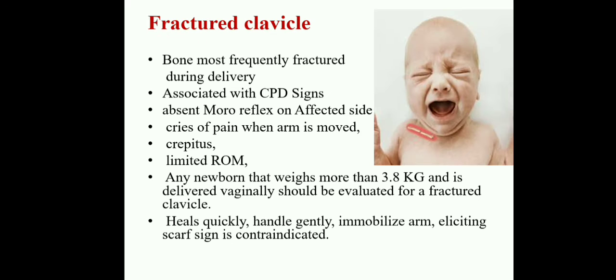Okay, the next one is fractures. Here, the fractured clavicle. What is a fractured clavicle in newborns? It is the bone most frequently fractured during delivery, associated with CPD. CPD means cephalopelvic disproportion, because the fetal head is not proportionate to the mother's pelvis.